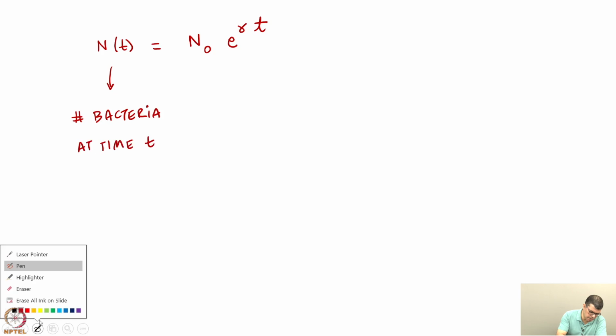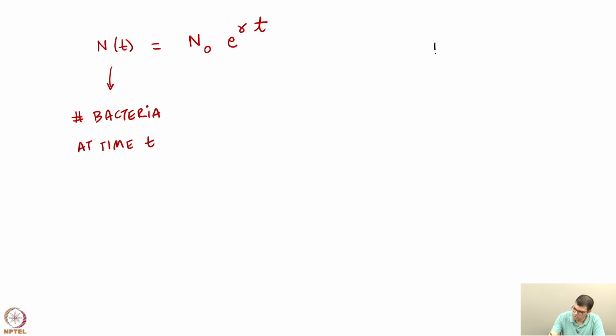So, this is in context with our growth curve, and we are talking of this particular phase, and this is the number of bacteria at the beginning of the exponential phase or the log phase.